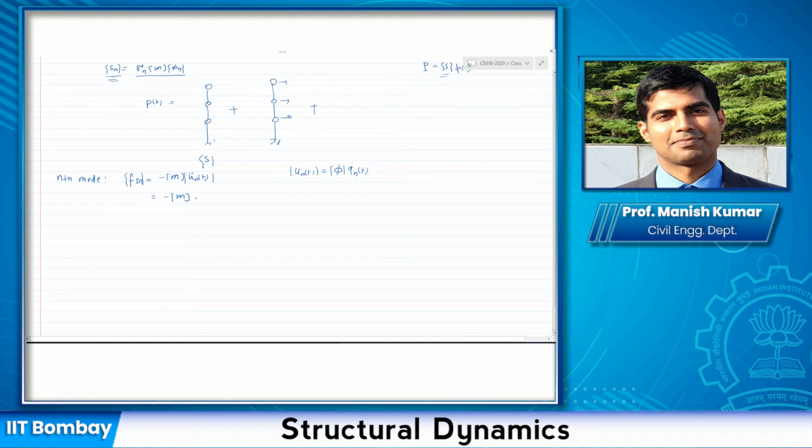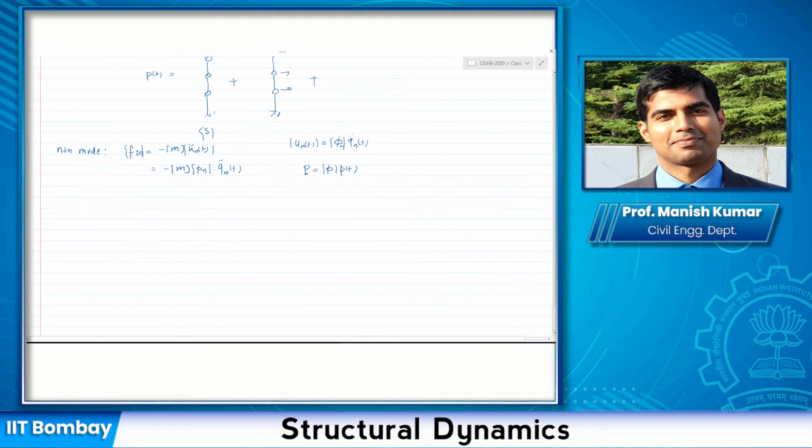So mass times phi n times q_n double dot (t). Now, if you compare this to P(t), the force, P(t) equals S times p(t).